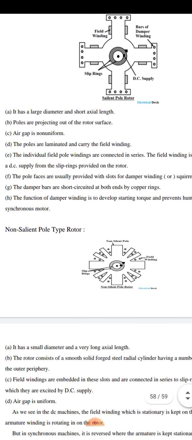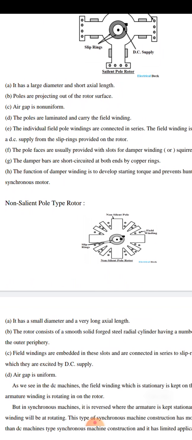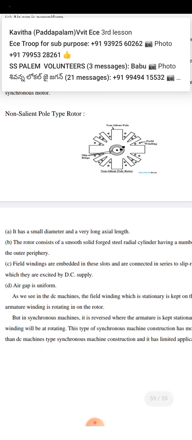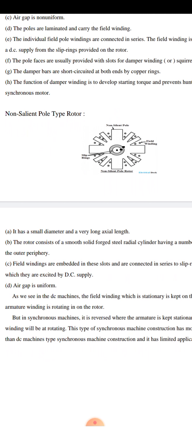Coming to the non-salient pole type rotor, it has a small diameter and a very long axial length.